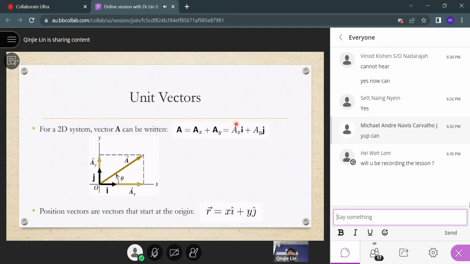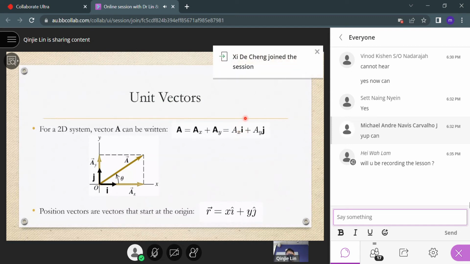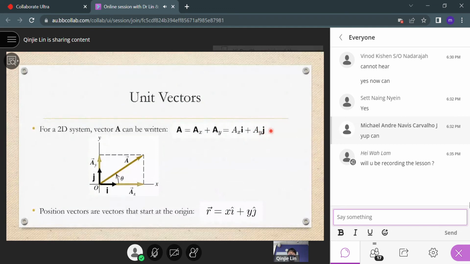So this i beside it tells us this whole thing represents the X direction. Same thing, this one will be a number, and then this j tells us this term at the end represents the part that's pointing in the Y direction. So these are equivalent.